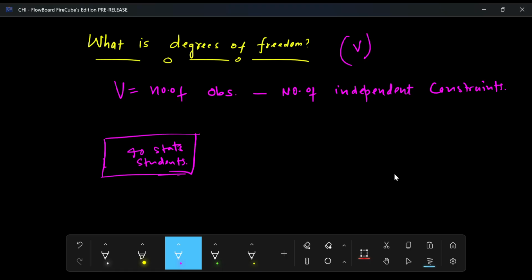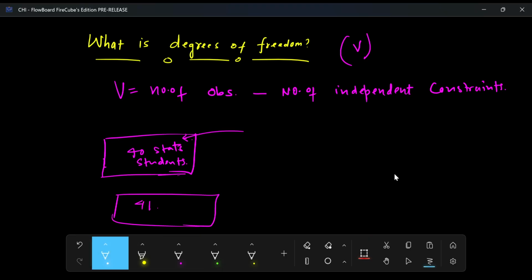Let's suppose he brings one student from the humanities background into this class. So now the total number of students will be 41, clear? Now the degrees of freedom in the case of these 41 students will be 41 minus 1, that is equal to 40.